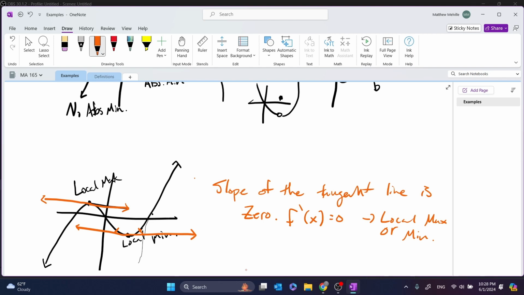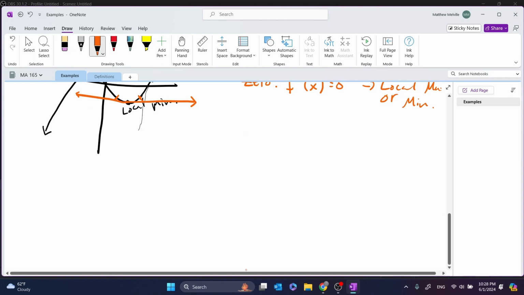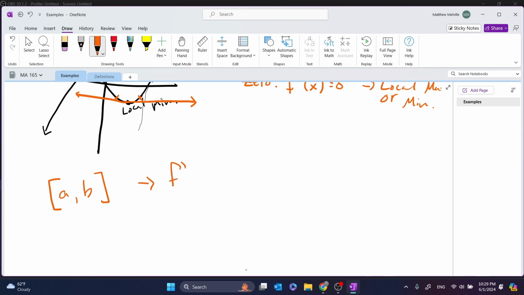What about absolute values? So it's true that sometimes the local maximums or minimums can be absolute maximums or minimums, but if I have an interval, let's say a to b, and within a and b I have f prime of x equals 0 when x is equal to c and d, so there's two different values in there.